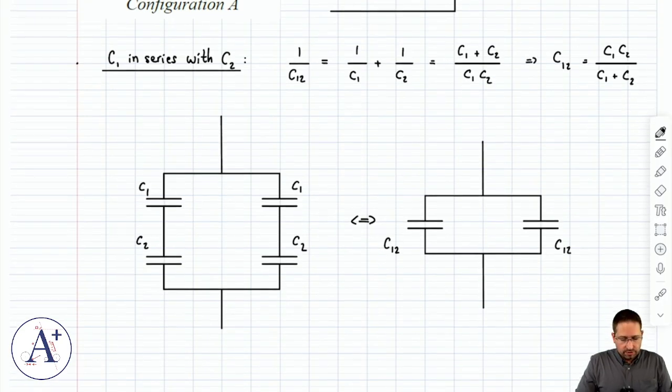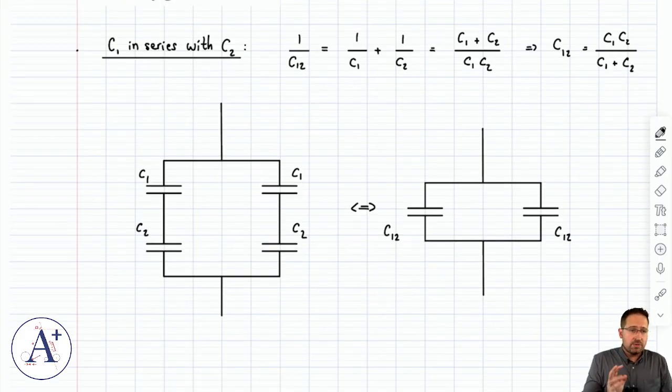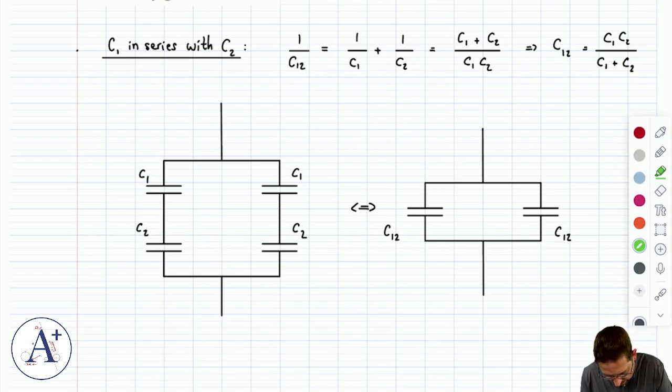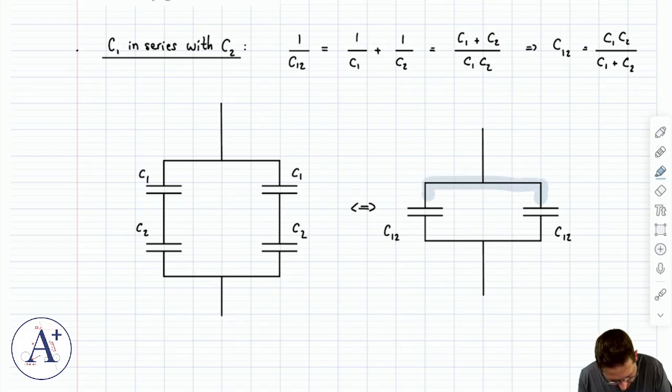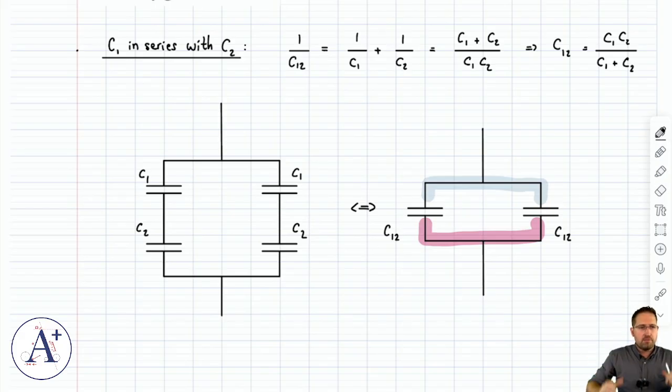Okay, but so now I can say, guess what? Let me find the combination of two capacitors that I know for sure is either in series or in parallel. Well, these two are in parallel, right? Remember, they're connected the same way across these two wires. The top of C12 on both sides is connected to the blue wire, bottom is connected to the red wire. They're in parallel.